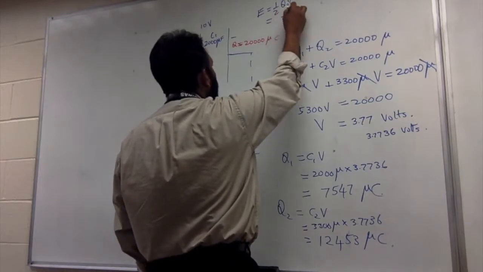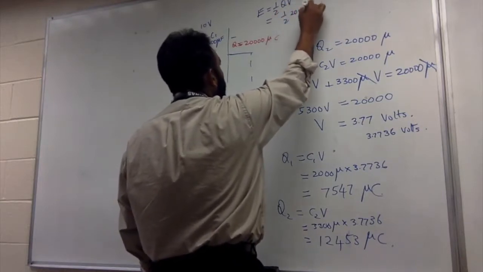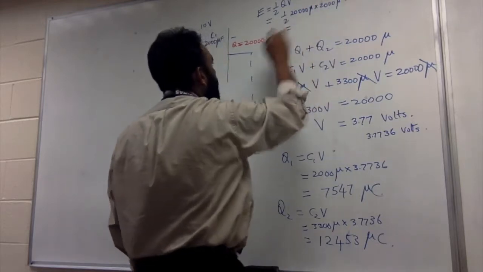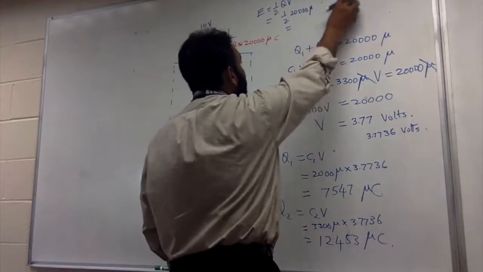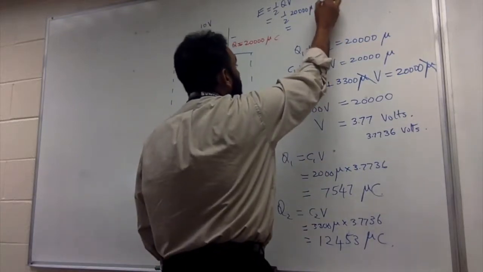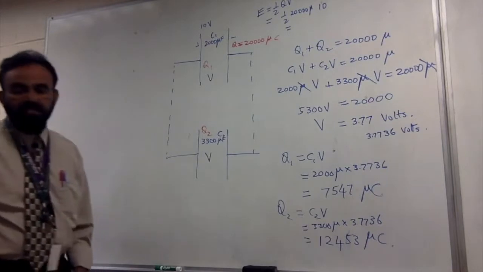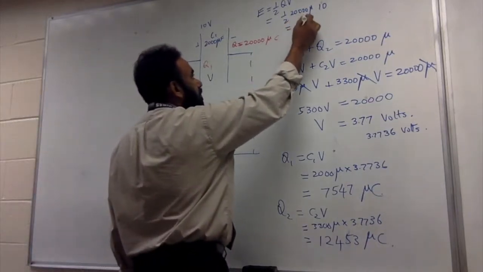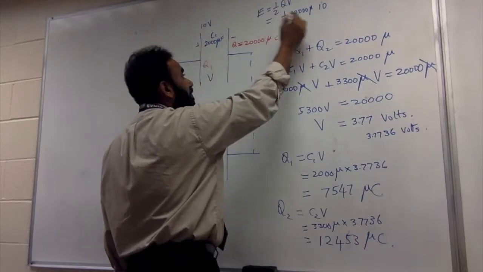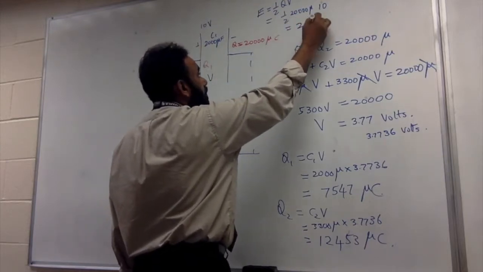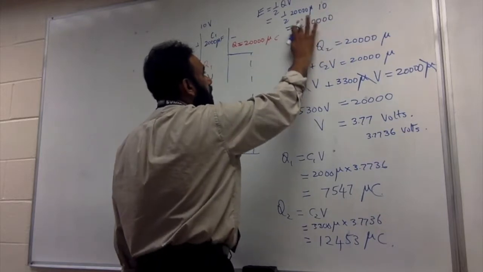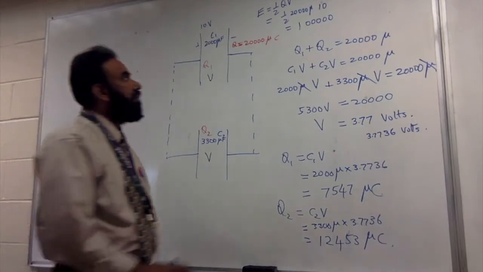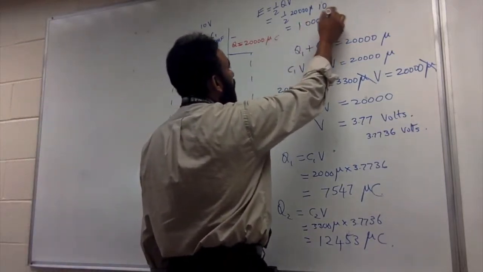Half times 20,000 micro times 10. That is the amount of energy in micro joules.